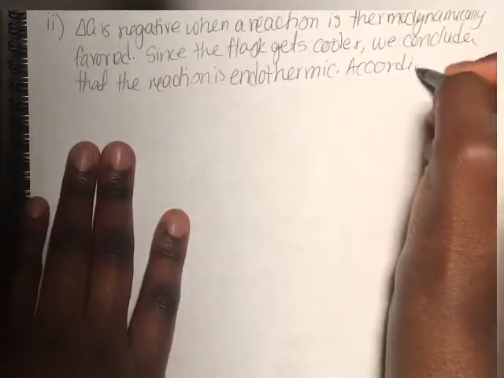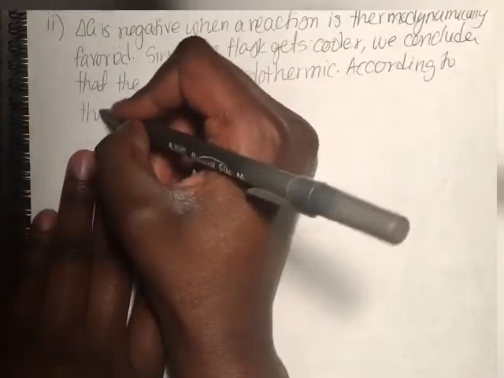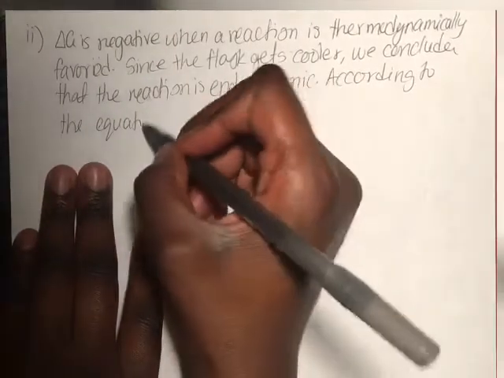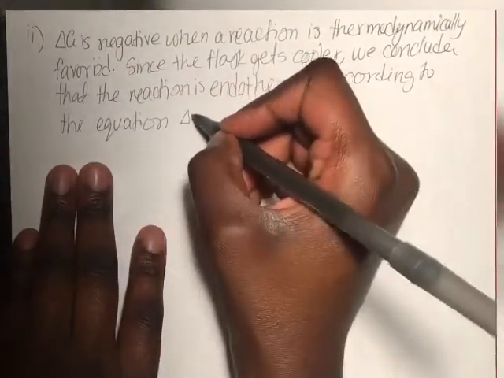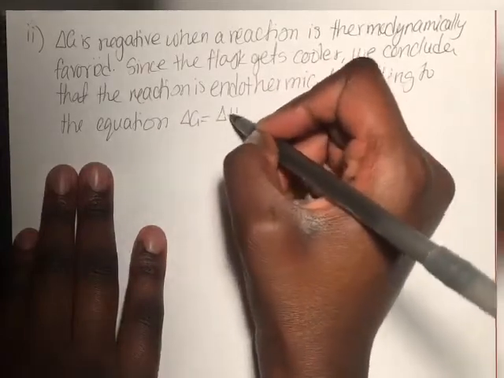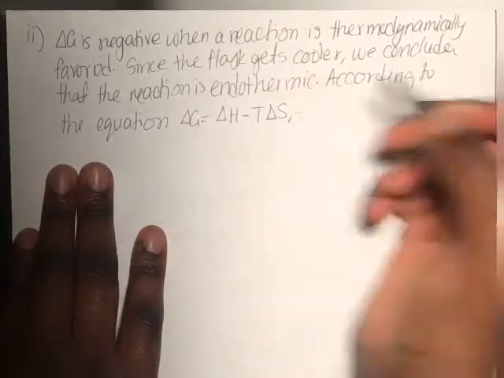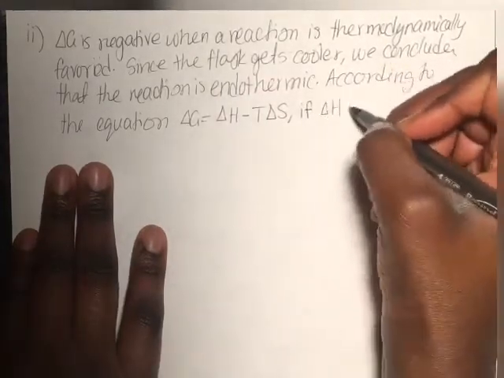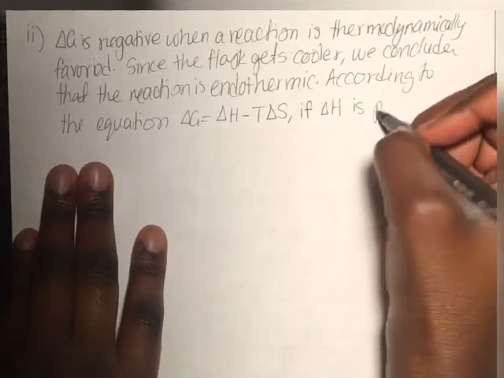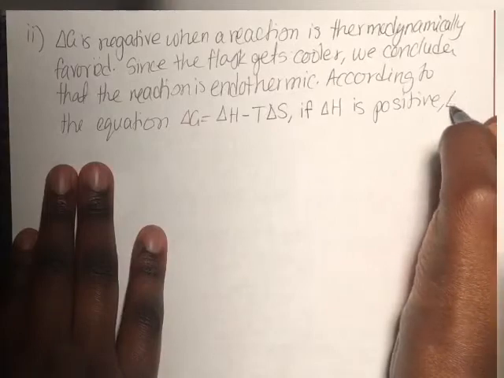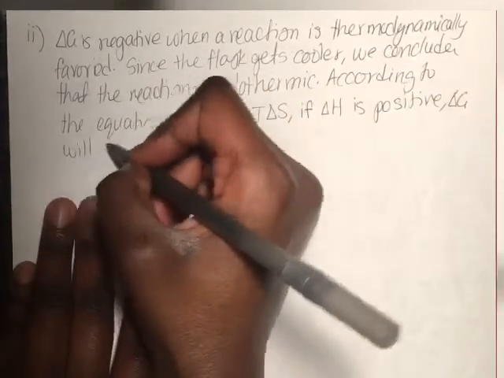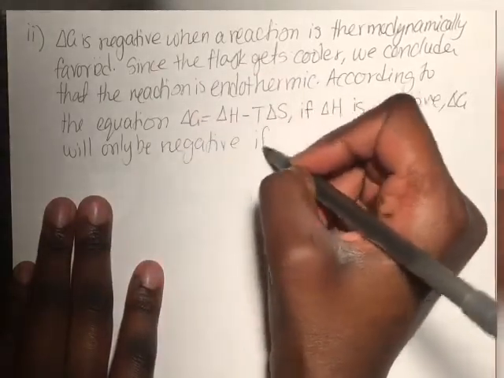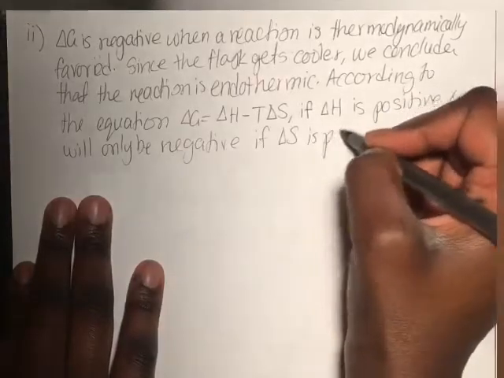According to the equation, delta G is equal to delta H minus T delta S. If delta H is positive, delta G will only be negative if delta S is positive.